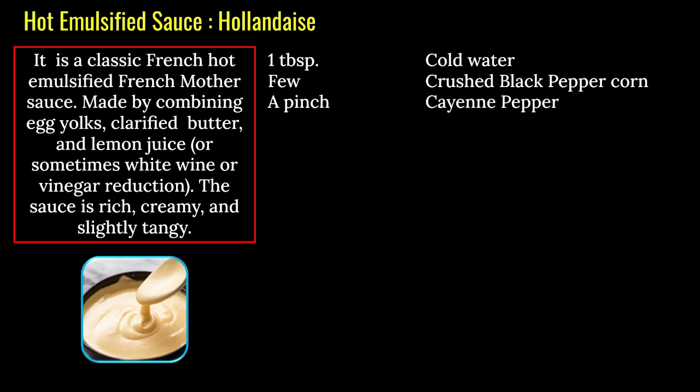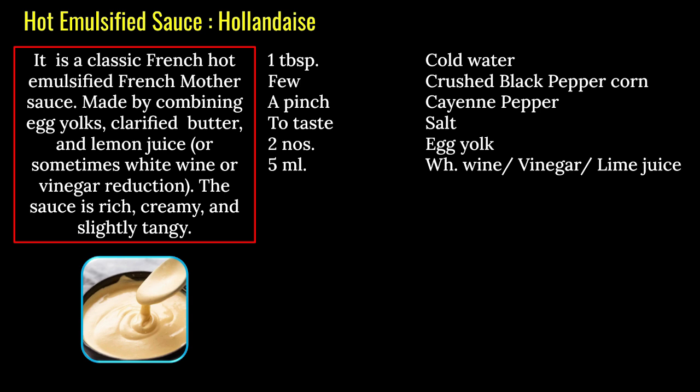A pinch of cayenne pepper, salt to taste, 2 egg yolks, 5 ml of white wine or white vinegar or lime juice, either or, and 120 ml of clarified butter. Now the question comes, what is clarified butter?